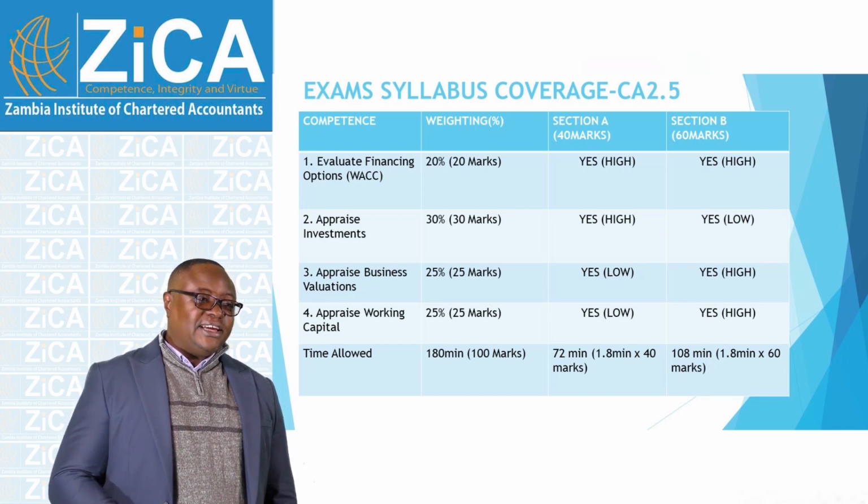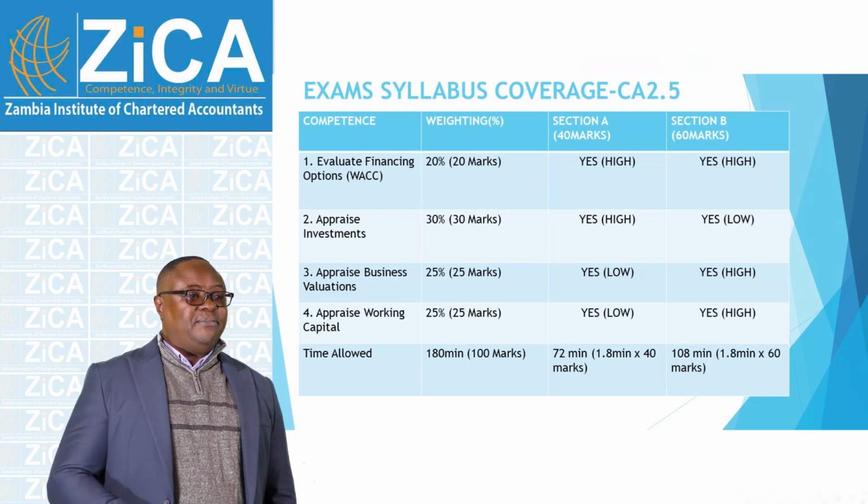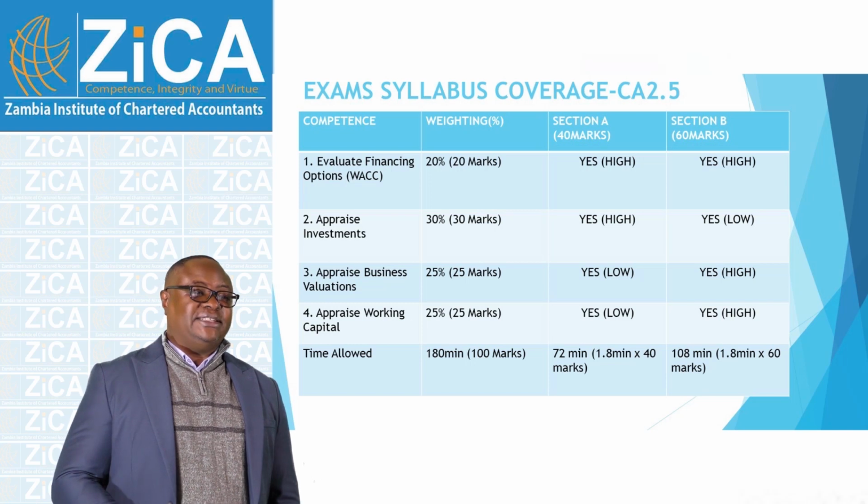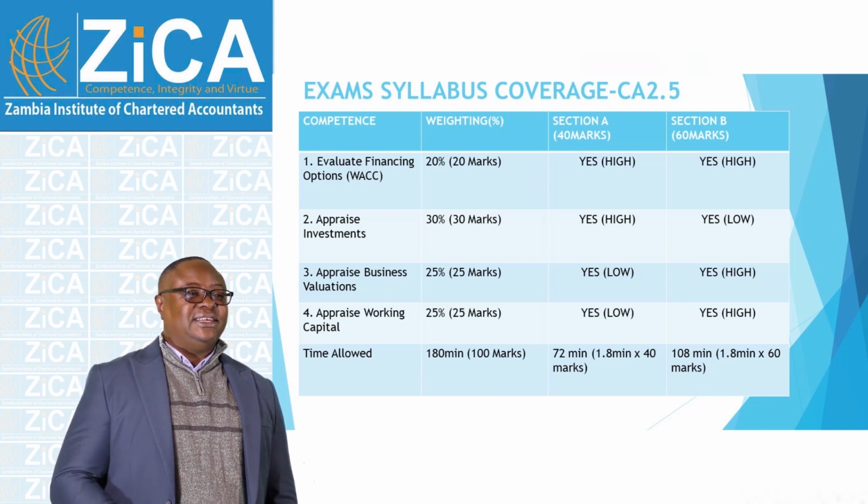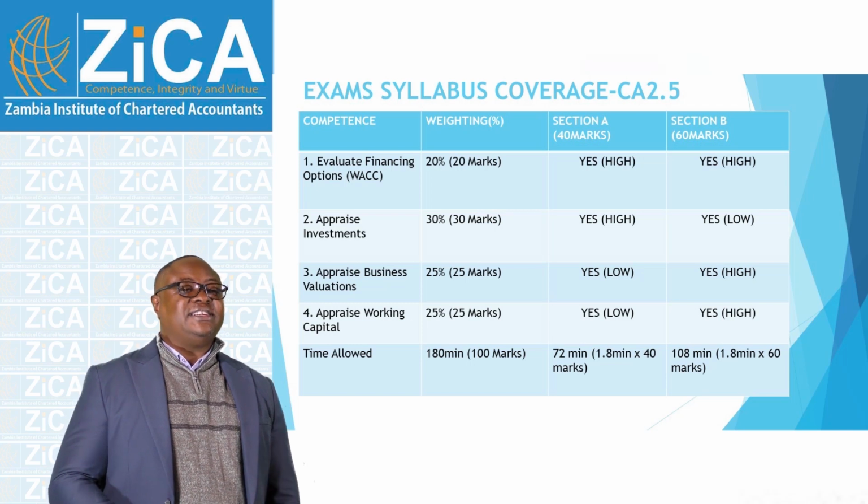So if you are going into an examination room sitting for CA 2.5 and you are not comfortable with appraising investments, you are not going to make it. And this particular question comes as compulsory. If it accounts for 30 marks and the compulsory question is 40 marks, it tells you that this section A is about appraising investments.